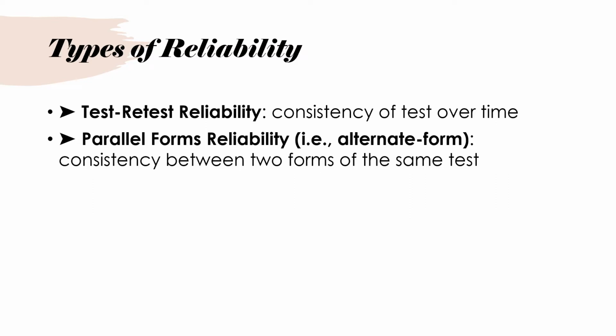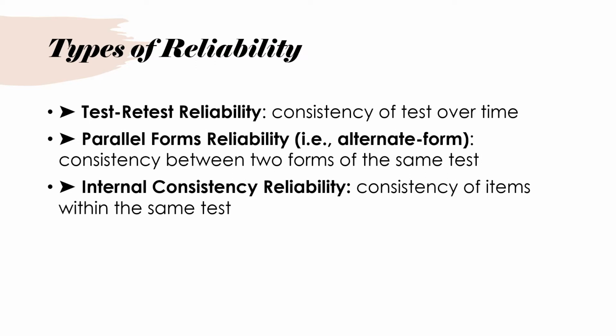And sometimes professors will have two different forms, but they'll just mix up the questions of the test. So with parallel forms or alternate form reliability, they give these two forms of the same test, and then do a correlation between the two and see how consistent they are among the two forms of the test.